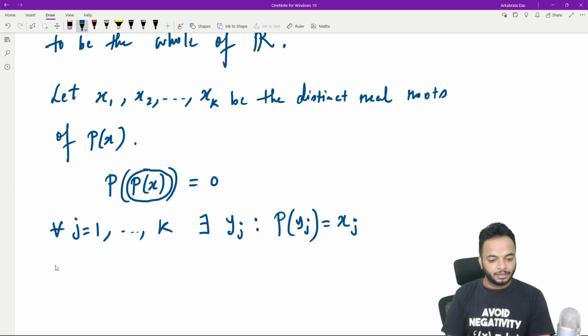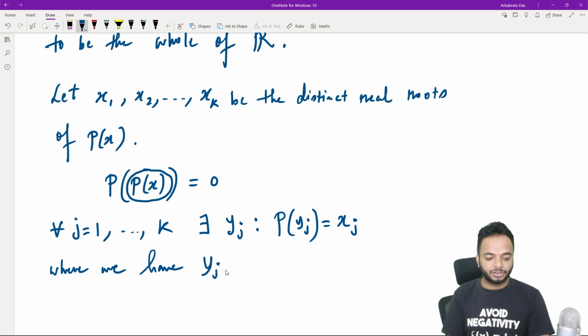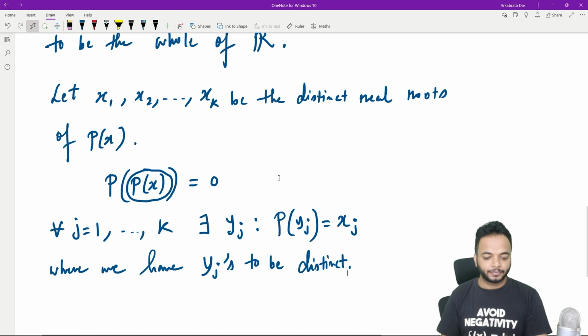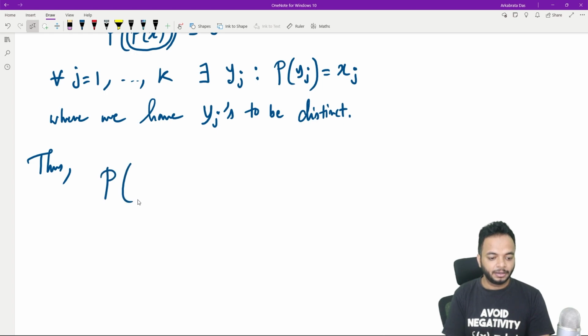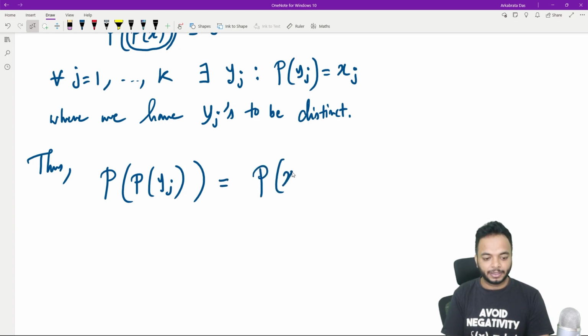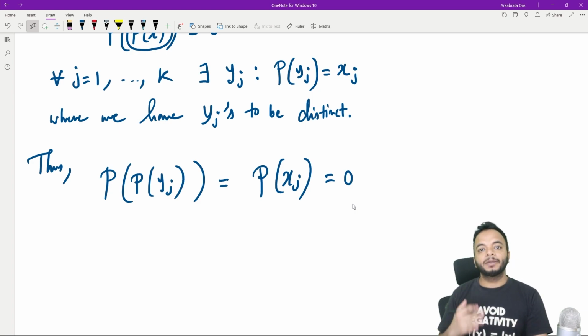And so we have the yj's to be distinct, and thus we have p(p(yj)) equals p(xj) and equals 0, and thus p(p(x)) has at least k real roots.